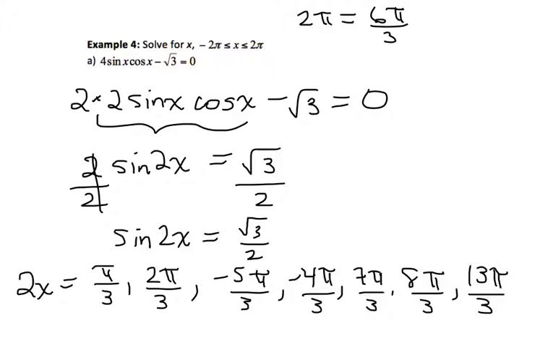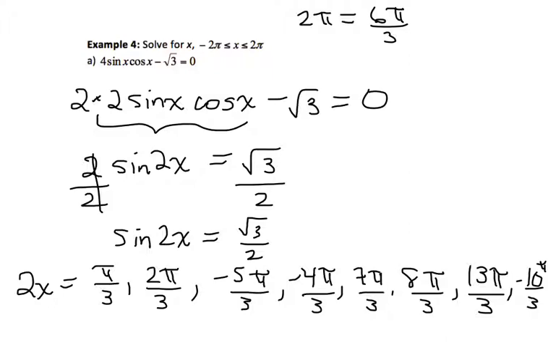So that's going to give me negative 10 pi over 3. Now when I divide everything by 2, I'm going to end up with all of these over 6. So 13 pi over 6, actually that's still going to be too big. That's going to be out of my range. But negative 10 pi over 6 is still within my range.